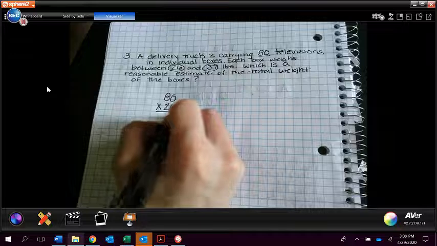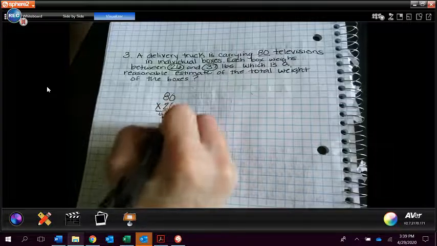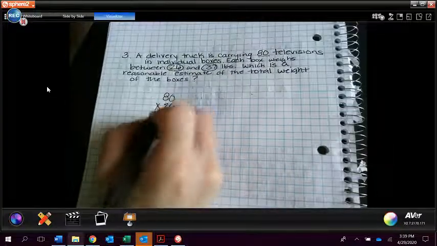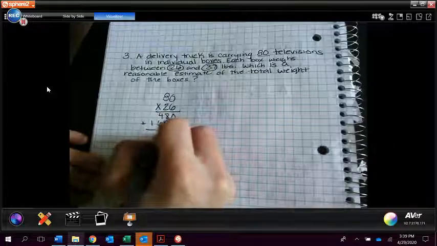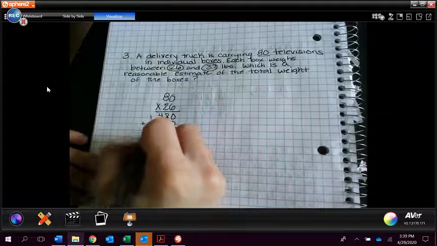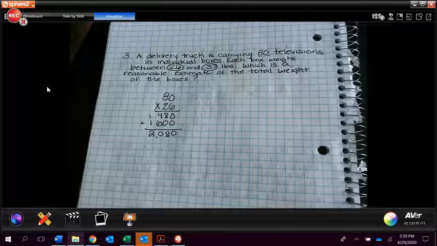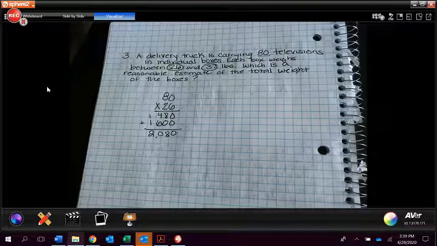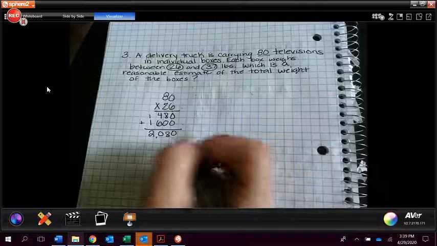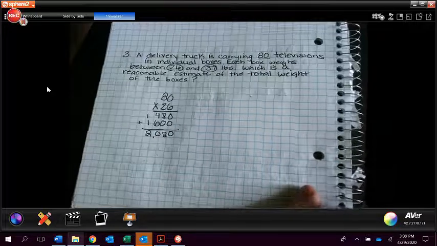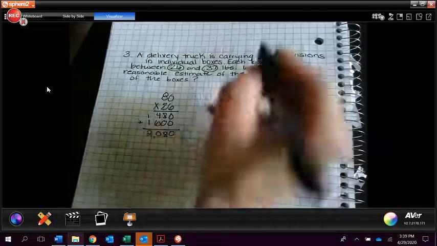This gives me 0, 48, 0, 0, and then 16. And then I add this. So if each box would actually be 26 pounds, that means it would be 2,080 pounds for all the 80 televisions. Now we're going to do 37.